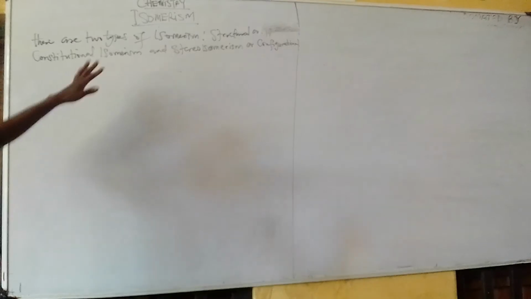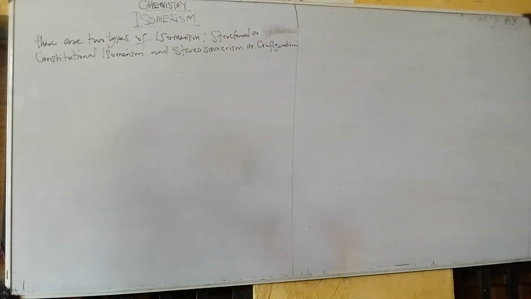These are the two types of isomerism. Let us discuss them one after the other.